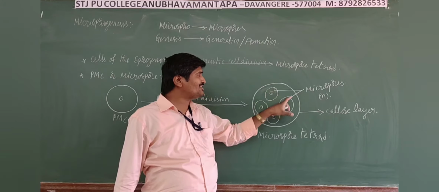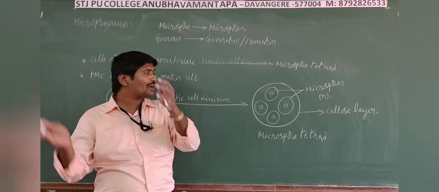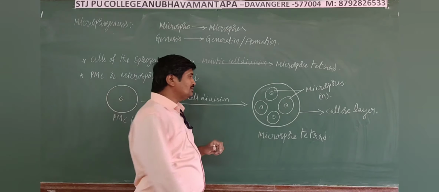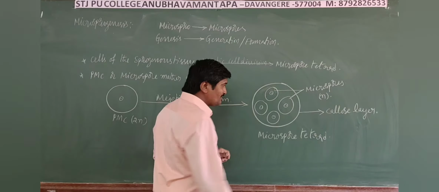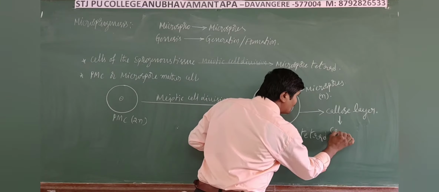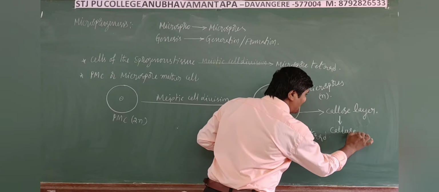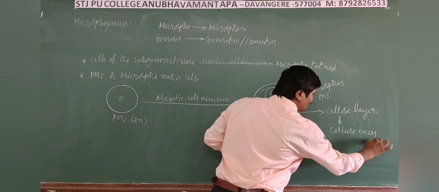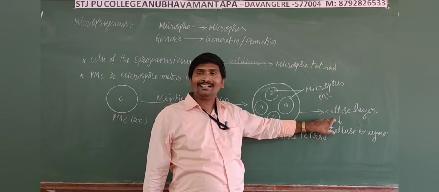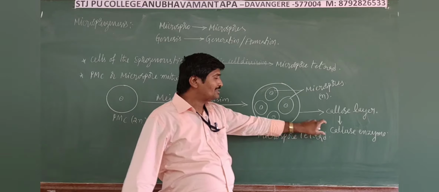At the initial stage, the four microspores are enclosed by this callose layer, and later this layer is dissolved by the action of the callase enzyme. This enzyme is secreted from the tapetum.